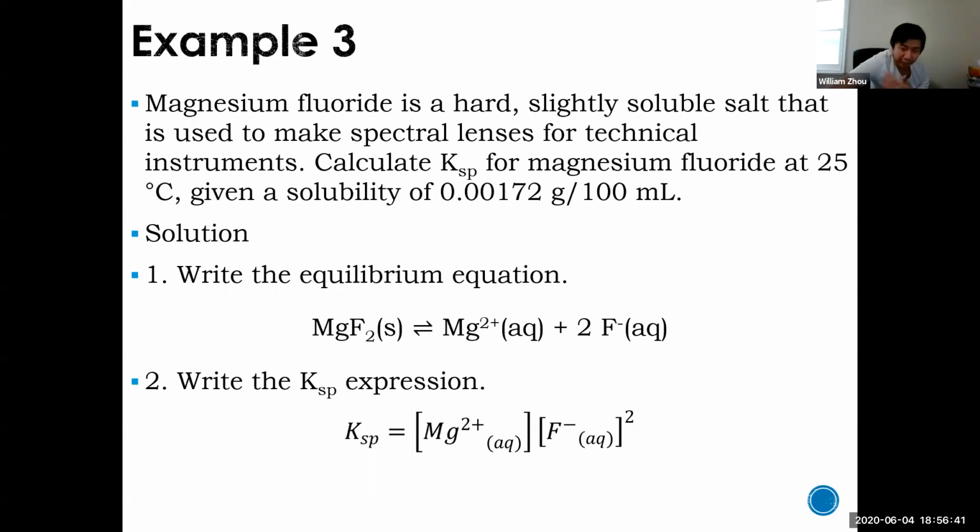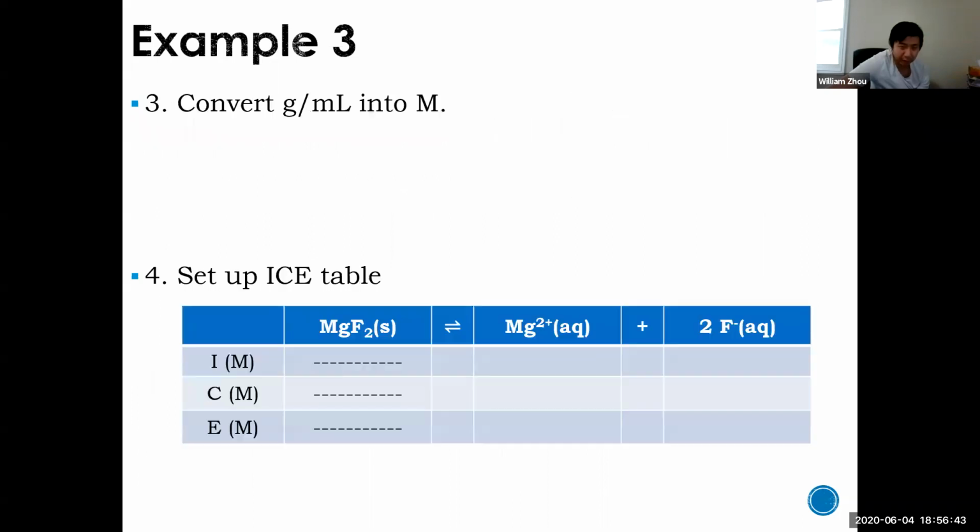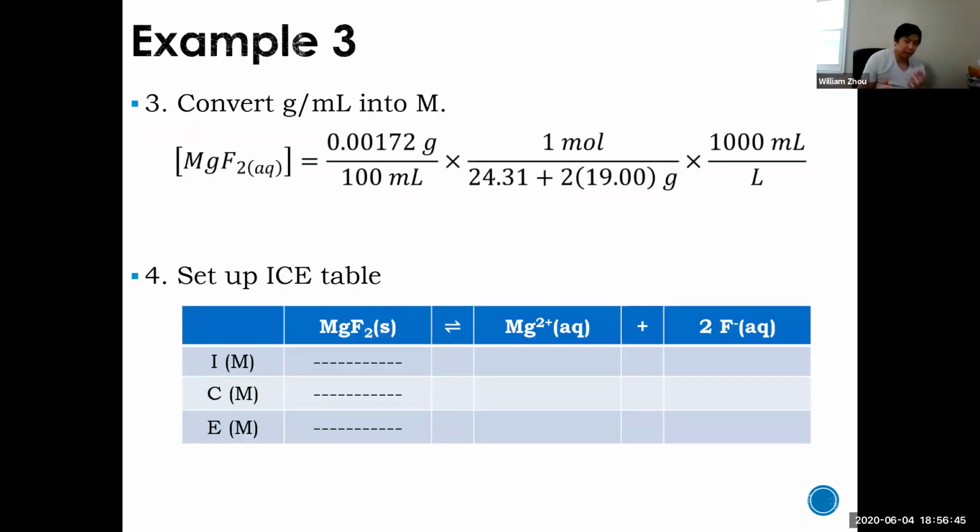I'm given the concentration in grams per milliliter. So first, you have to convert. You start with grams per milliliter. You stack them together on a fraction. Very nice and cozy. And you convert the grams to moles, and then you convert the milliliters to liters. So this is really just a conversion problem.